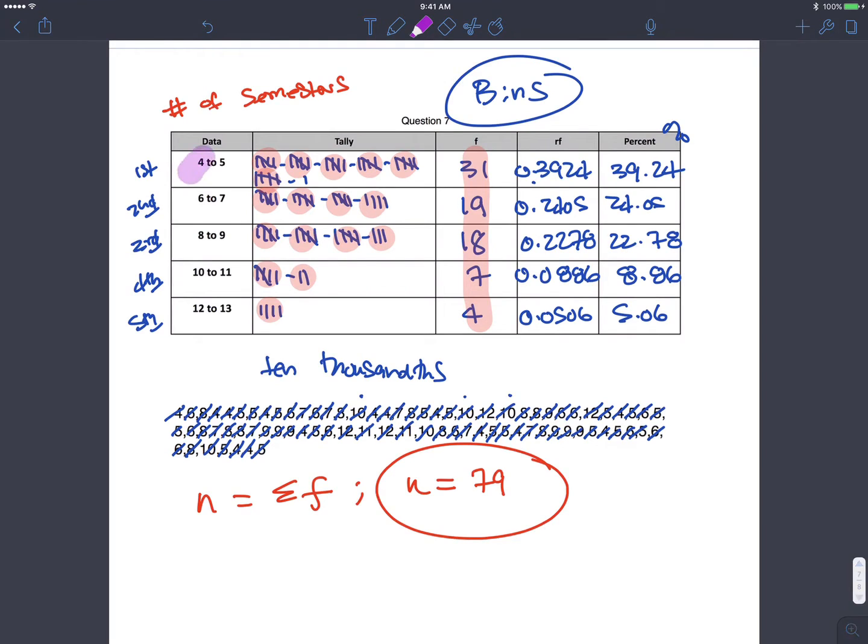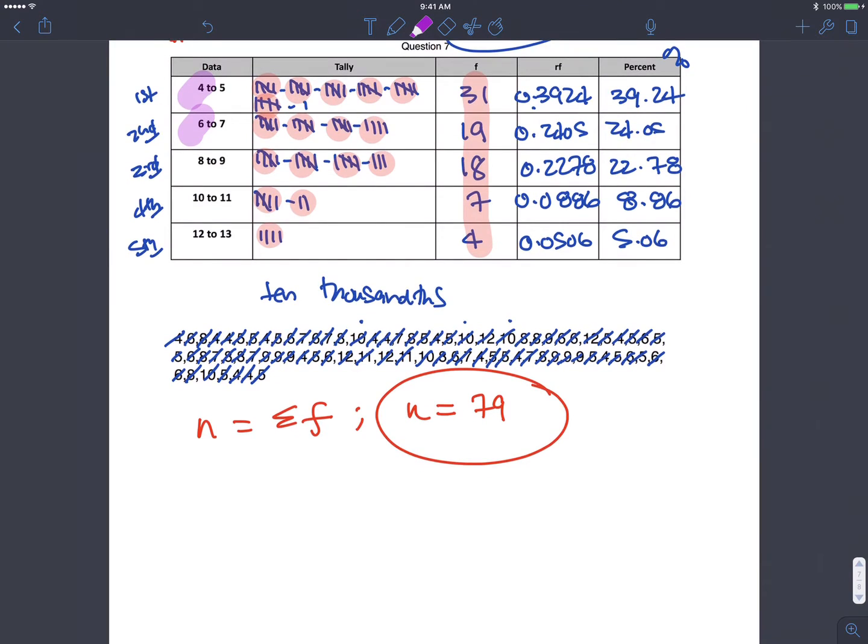The bin width here is the difference between adjacent lower class limits. That's the difference between 6 and 4, which is 2. Or we can say the difference between adjacent upper class limits, 5 and 7. That difference is also 2.